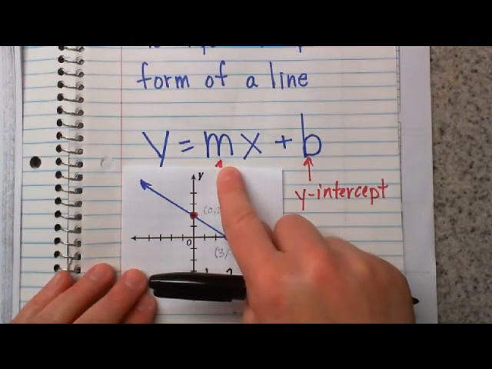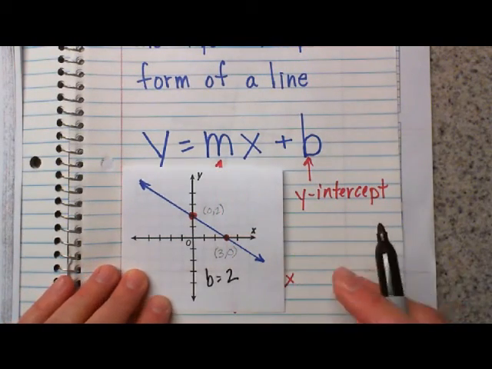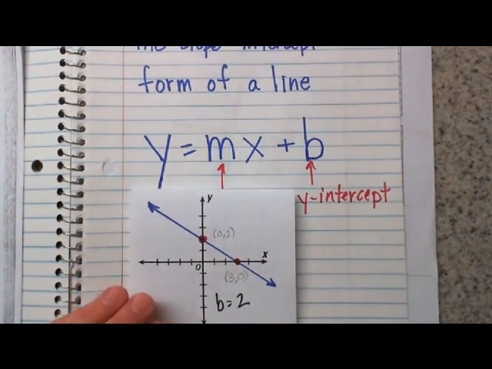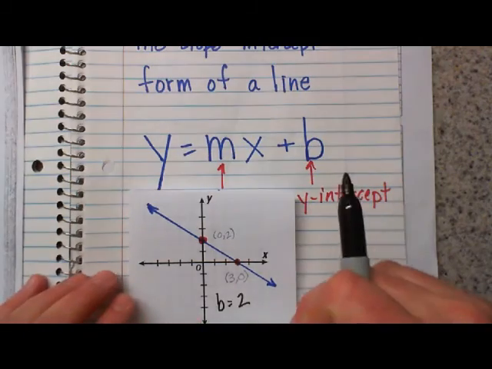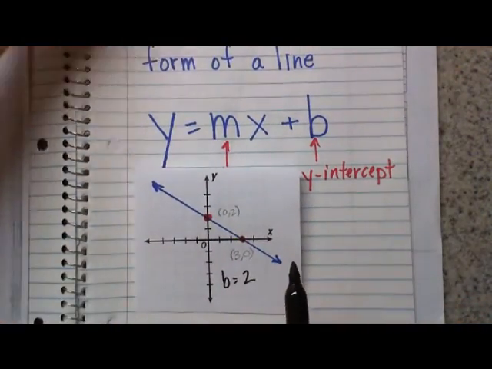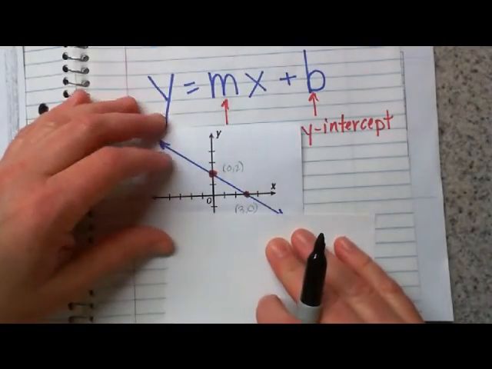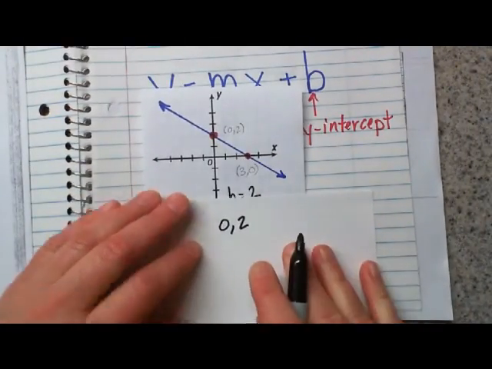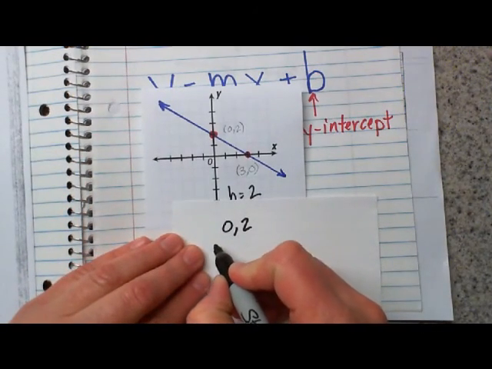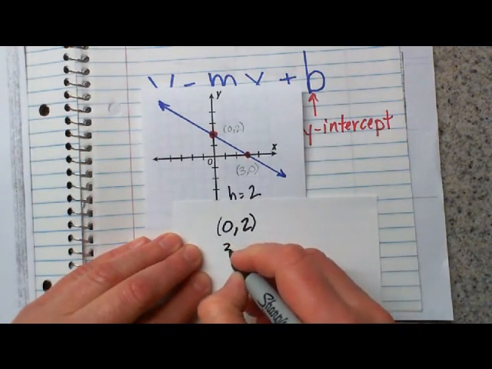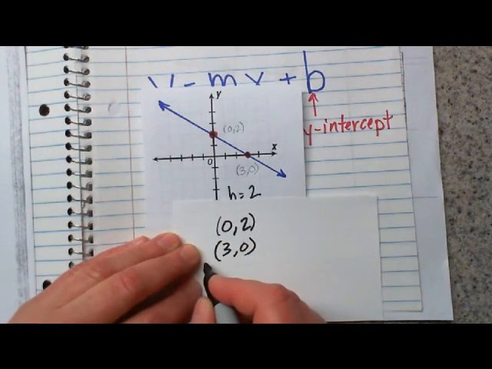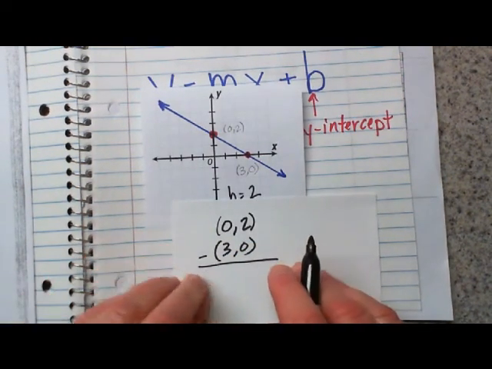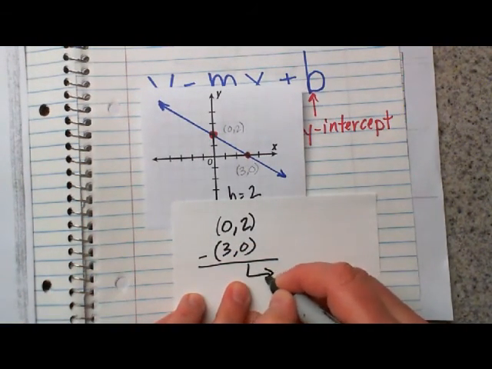So now we need to figure out the slope, right? To figure out the slope, guys, we're going to use that handy little method that we used earlier, where we take the 2 points, 0, 2, and 3, 0, and subtract to find the difference.